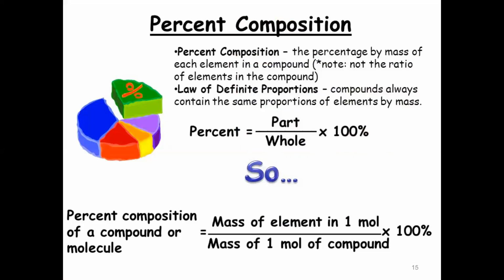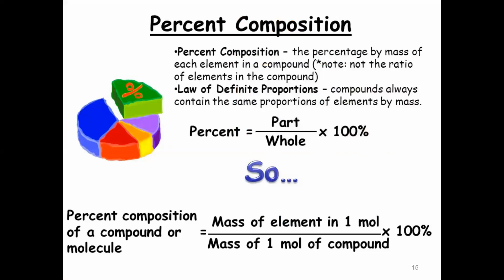So if you're looking at what percentage of sodium chloride would be sodium, you can also figure that out, right? So 1 mole of sodium chloride is 58.44 grams. And in that, you know how much sodium is, and then you can find out what percentage of that is equal to sodium, all right?